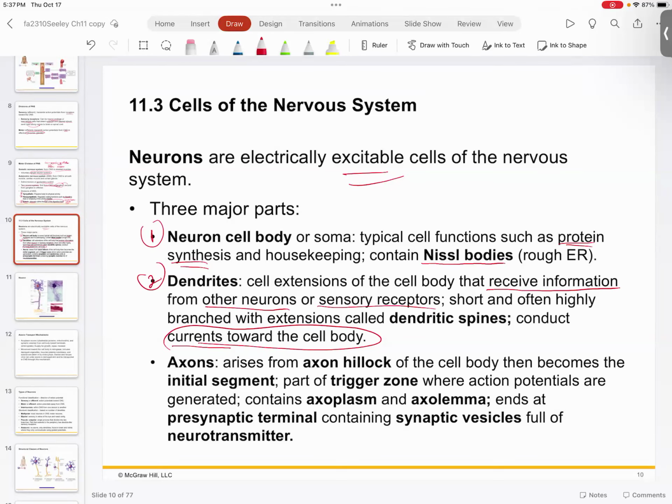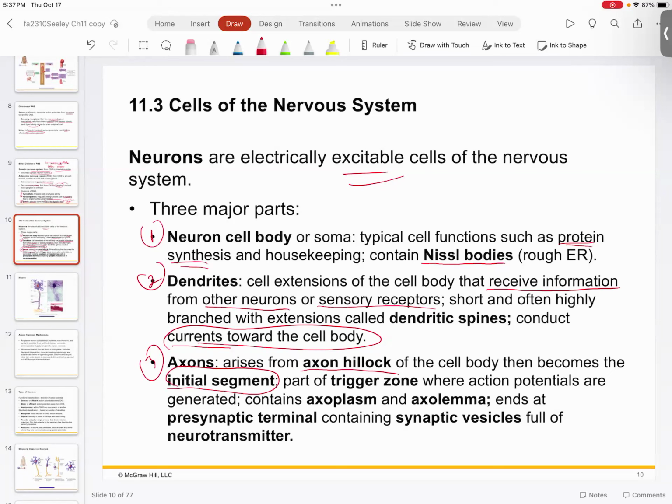And then, of course, the last and probably the major of these structures is the axon. The axon arises from an area of the cell body called the axon hillock. It looks kind of like the top of a funnel. This is where you get summation of all of these incoming signals, and it represents the initial segment associated with depolarization.